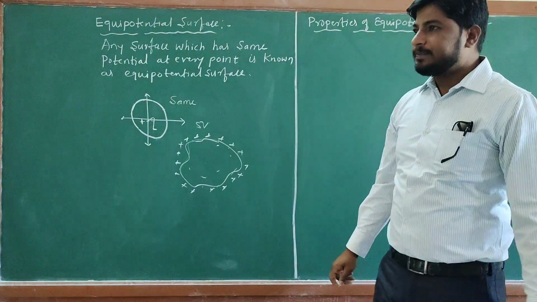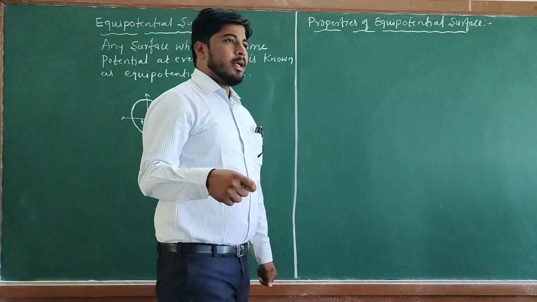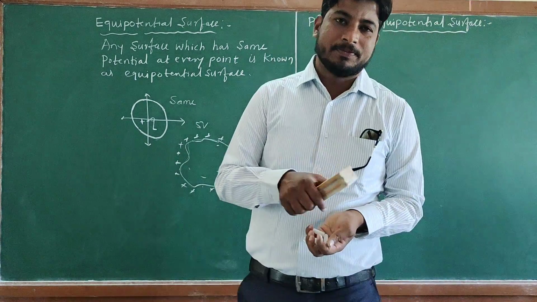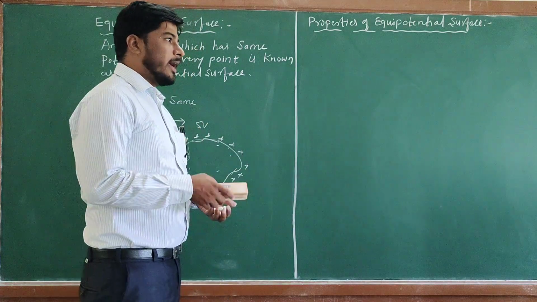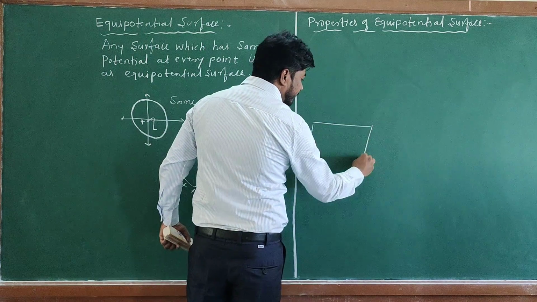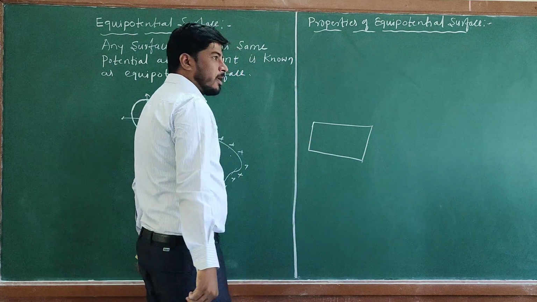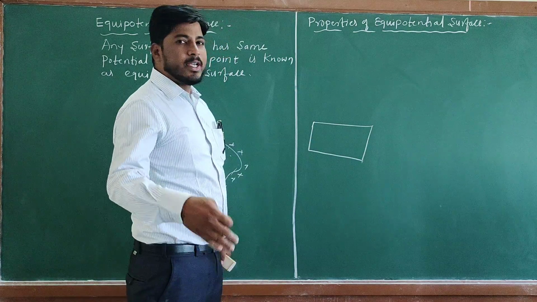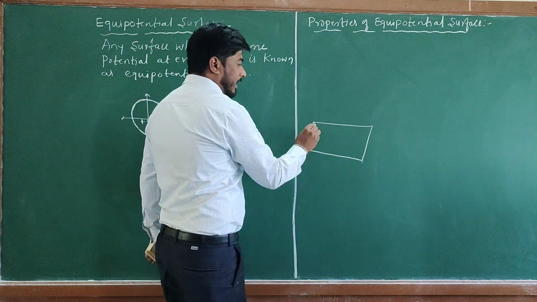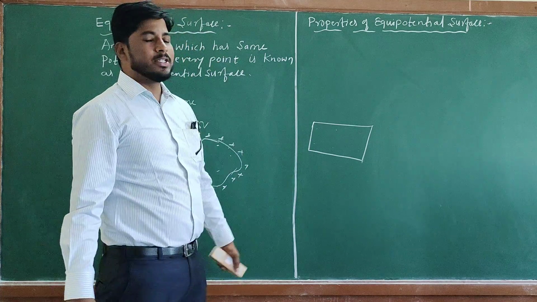As I said, an equipotential surface is a surface which has constant potential at every point. Suppose this is the surface which has constant potential at every point, so I will call this the equipotential surface.